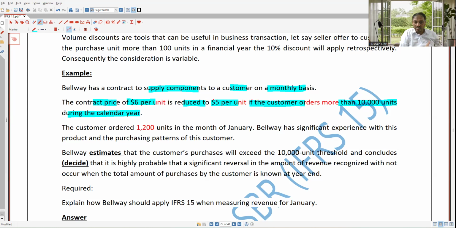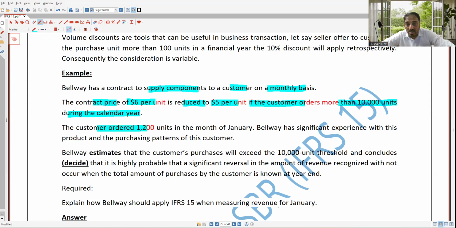Like the case here, the normal selling price is $6. But if the total units exceed 10,000, the price drops to $5.